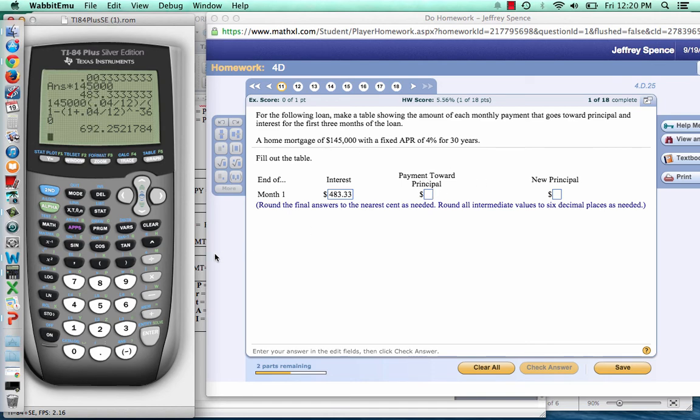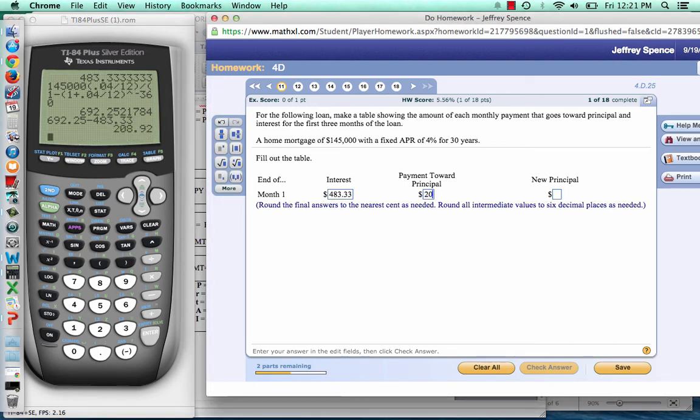So the difference between $692.25, which is our monthly payment each month, and remember, this is an installment loan, so we pay the same each month, and the interest this month, $483.33, means the amount that goes towards the principal is $208.92.